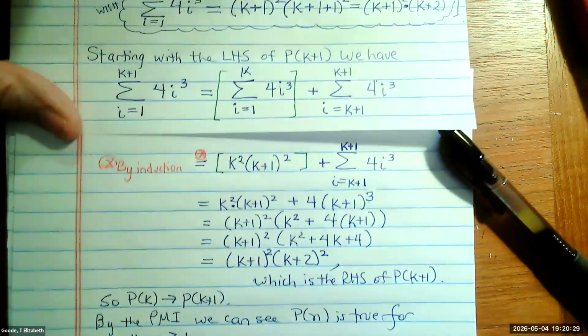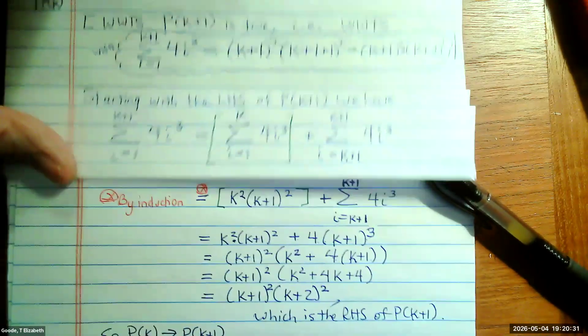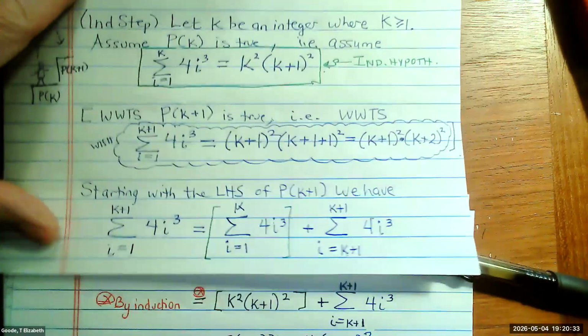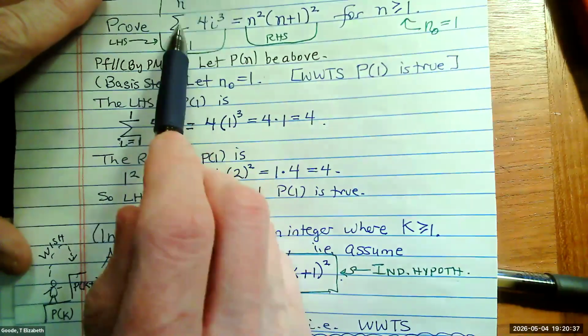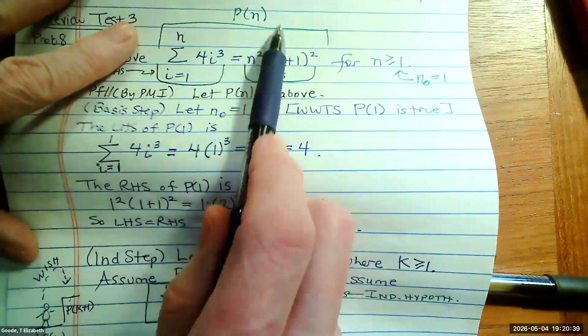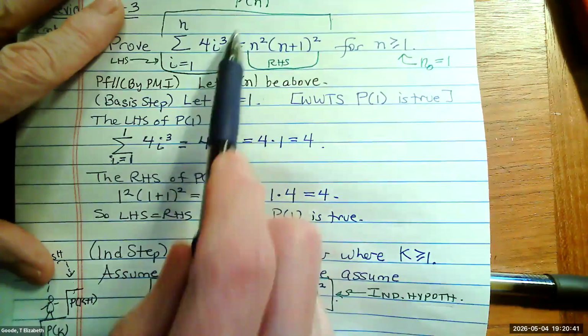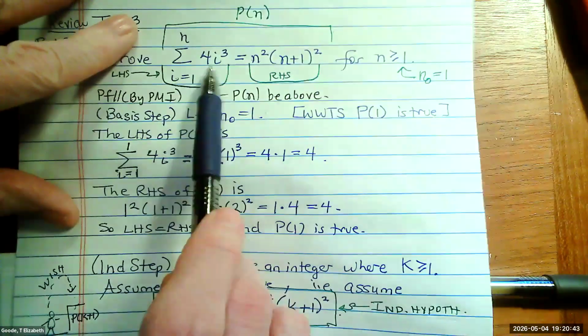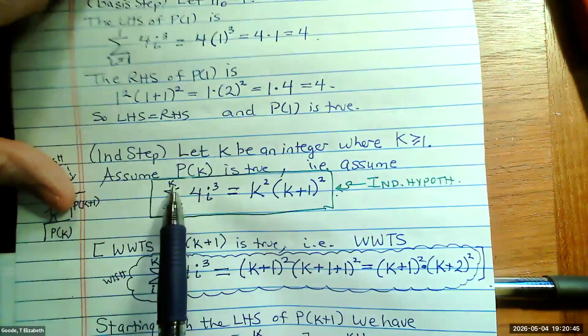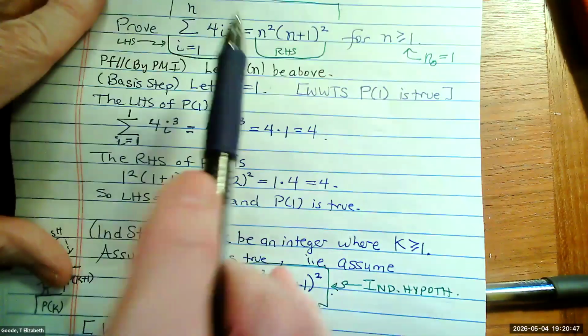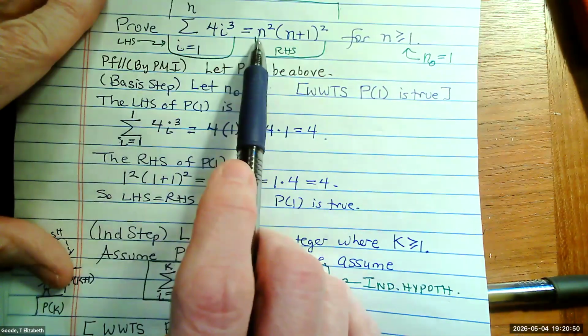Now, let's just say that your algebra isn't that great, but that you do know enough to recognize P of n and realize P of k is going to look like P of n, just with a k everywhere that there used to be an n.